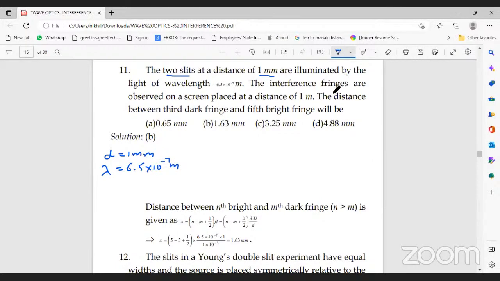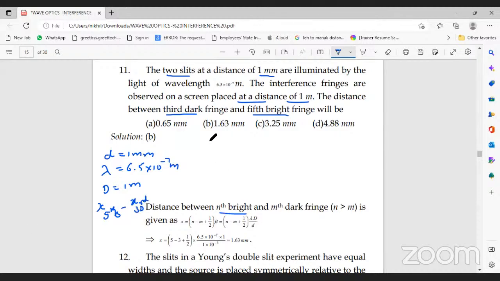They're expecting you to find, interference is obtained on the screen at a distance capital D is 1 meter. Distance between the third dark and the fifth bright. So they're expecting you to find the distance of the fifth bright and third dark.